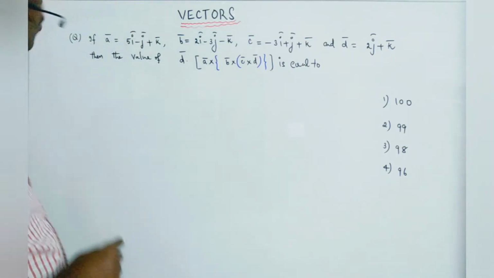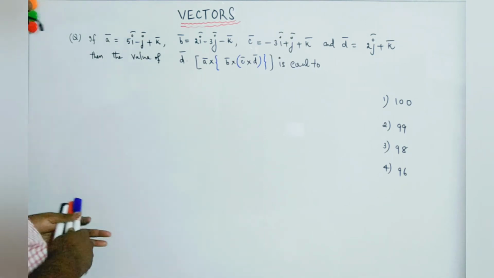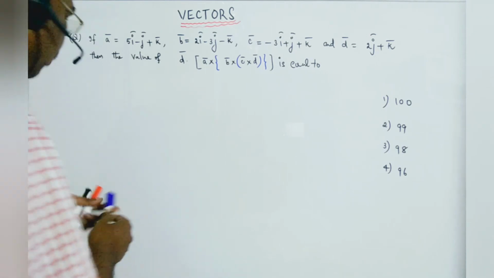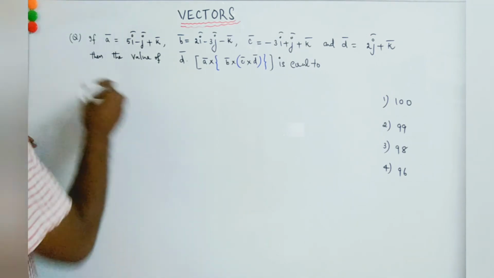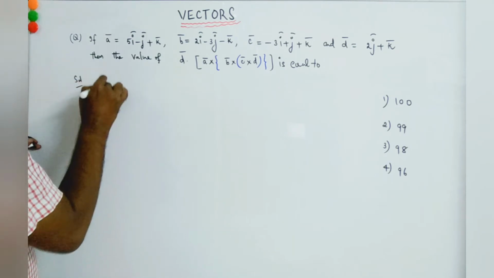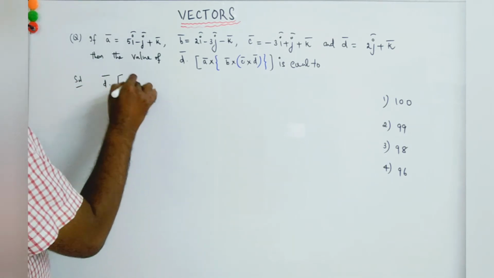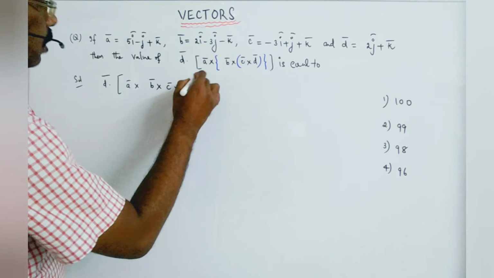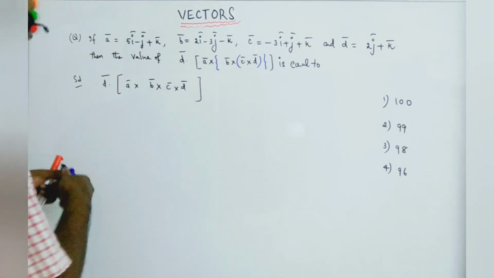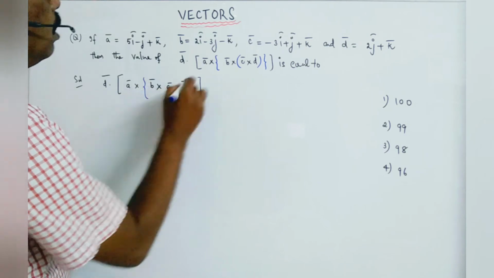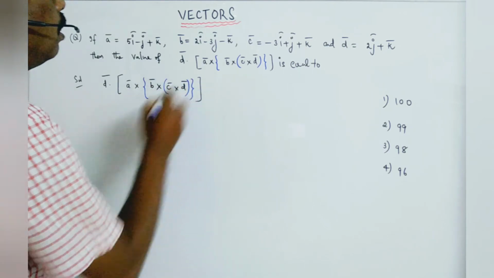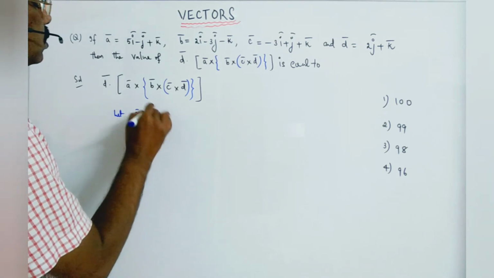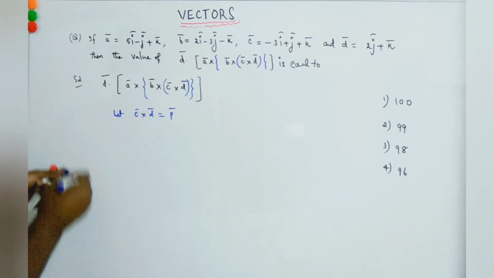Next one: if a bar, b bar, c bar, d bar are given, the value of d bar dot a bar cross b bar cross c bar cross d bar equals? Now here, let c bar cross d bar equal to p bar.